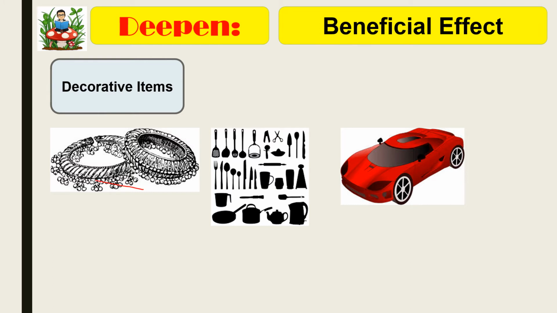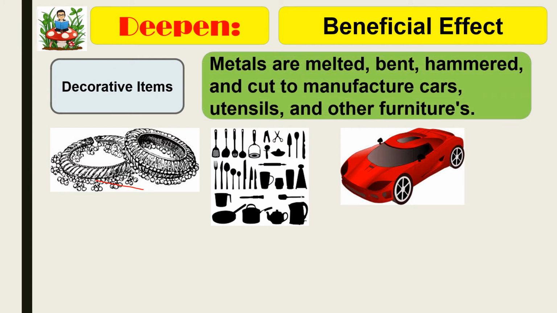Metals are melted, bent, hammered and cut to manufacture cars, utensils, and other furniture. We all know that in physical change and chemical change, there is a beneficial effect.